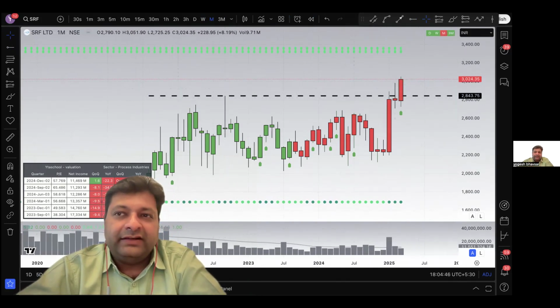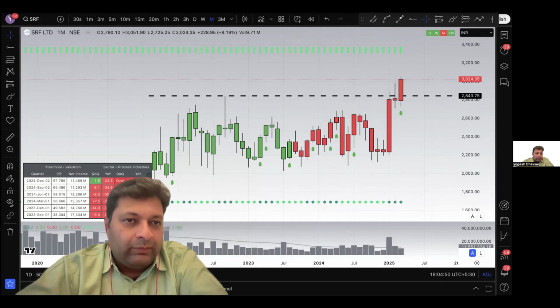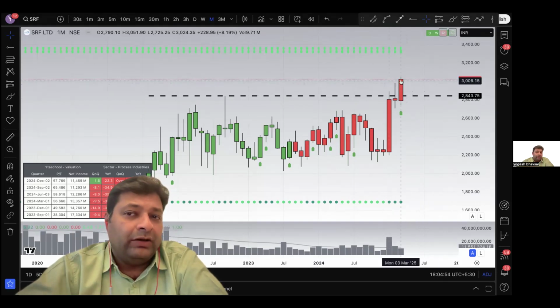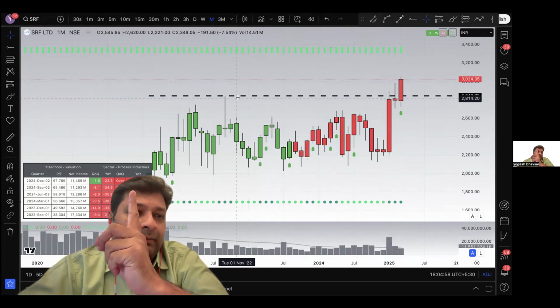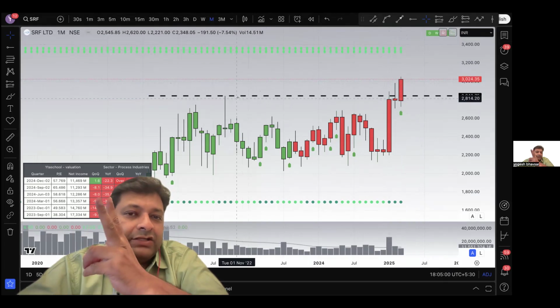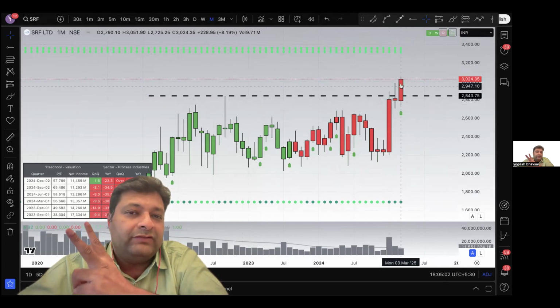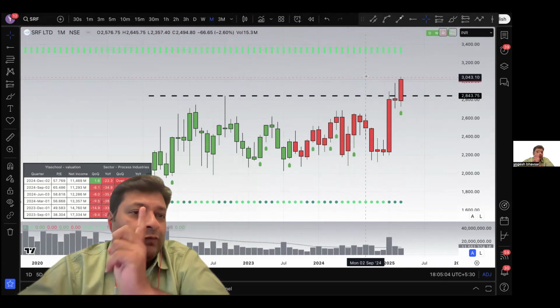Right now, we are sitting in the month of March. A couple of days are left, and it may give a breakout. I don't know, but if this candle closes above this candle, condition number one matches. Now, the second condition is this: the gap between this candle and this candle should be more than 1 year.